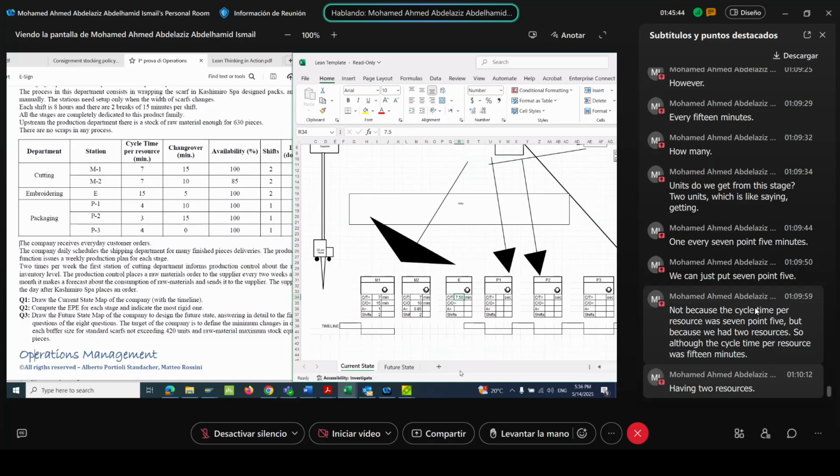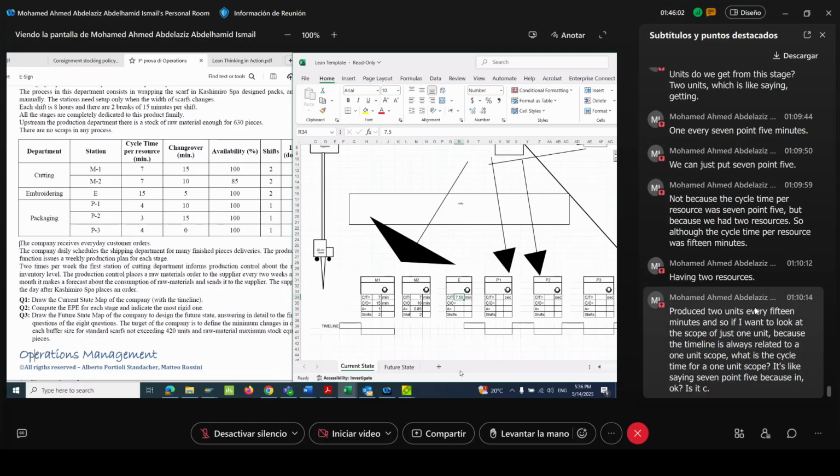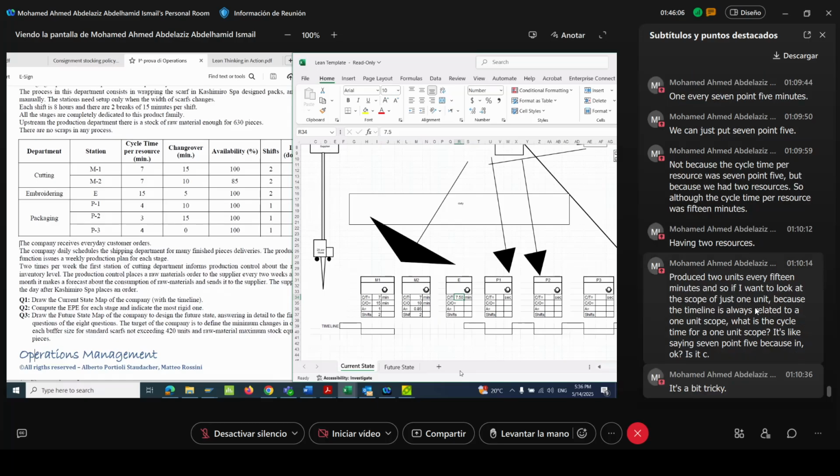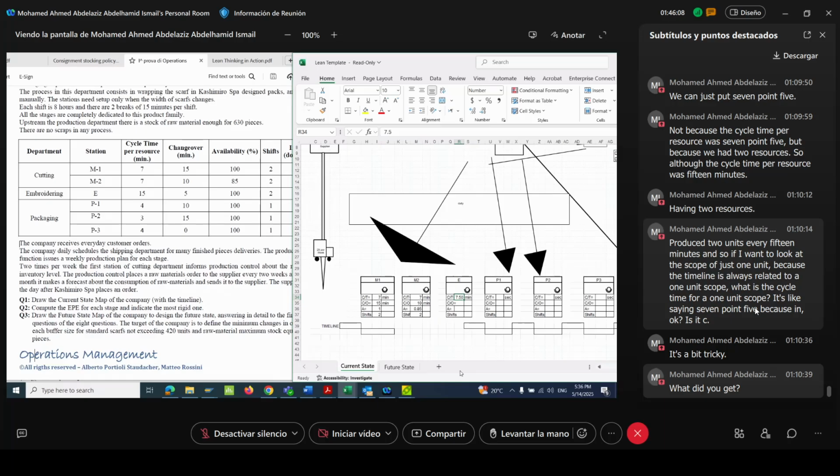And so if I want to look at the scope of just 1 unit, because the timeline is always related to a 1 unit scope, what is the cycle time for a 1 unit scope? It's like saying 7.5. Is it clear? It's a bit tricky. Did you get it? You don't have to put the formula, you just need to put the value. Okay?